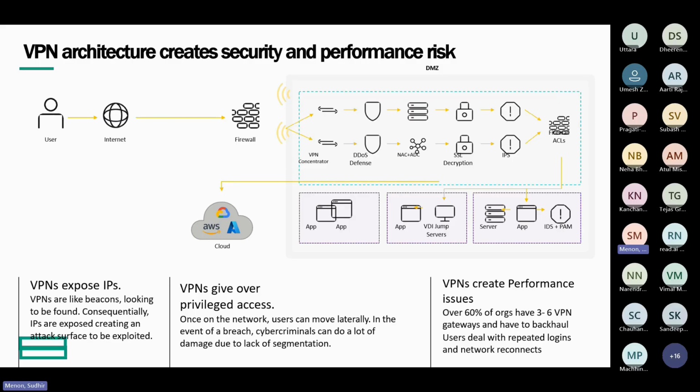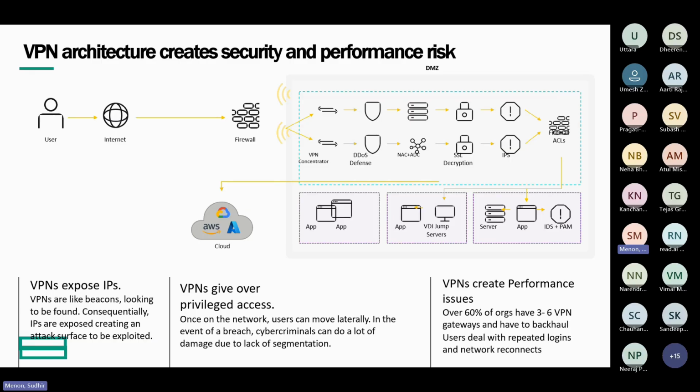As you can see from this slide, VPNs expose your IP addresses. So once the user gets connected with VPN, they gain an IP address from your environment, wherever your VPN concentrator is hosted, be it your core LAN, DMZ, MZ, wherever. And once they get an IP, there is a likeliness that a potential attacker can snoop around in your environment.